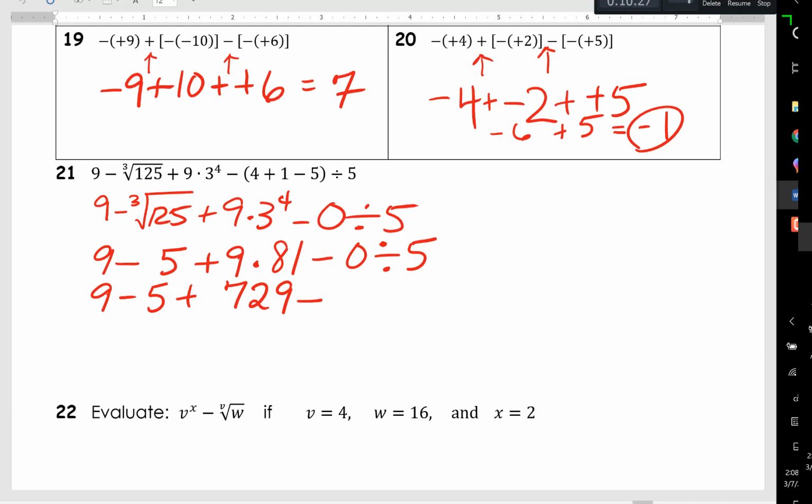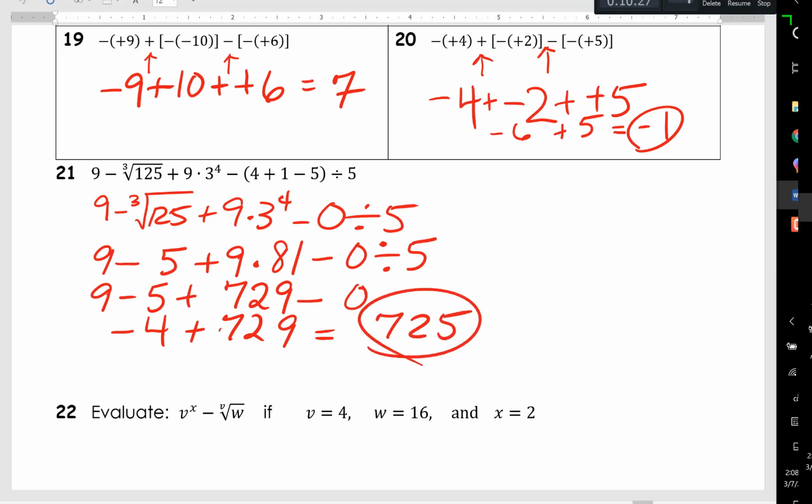We need to do that division. 0 divided by 5 is 0. 0 divided by anything other than 0 is 0. So we've done all our multiplication and division. Now we can go ahead and do our addition and subtraction from left to right. 9 minus 5 is negative 4, and then you're going to add 729 to that, and that's going to be 725.